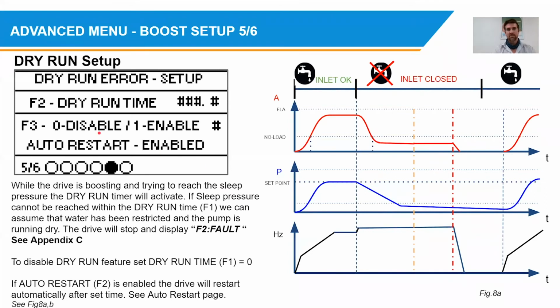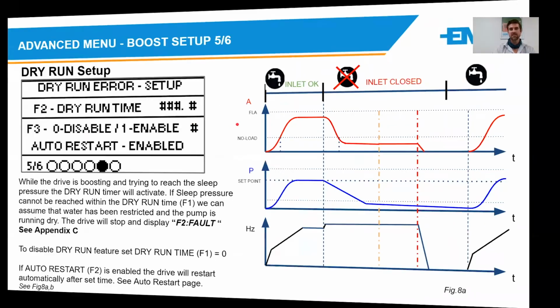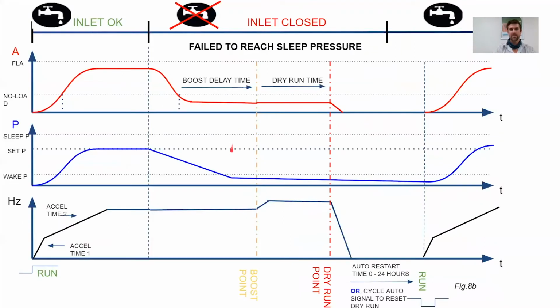There's also an option for automatically restarting after a dry run error has happened. Perhaps you're pumping out of a borehole or a dam or a river that maybe can run low, and you might want it to attempt an automatic restart after it tripped on dry run. That is achieved in the next page.